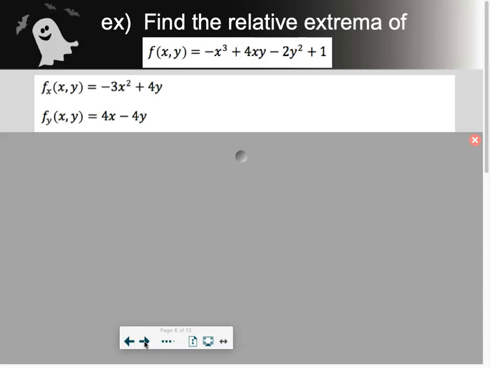Four x equals 4y. So x equals 0, or 16, maybe, for x.